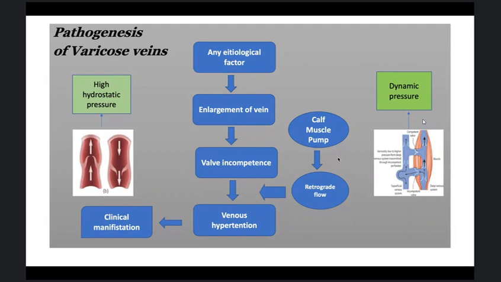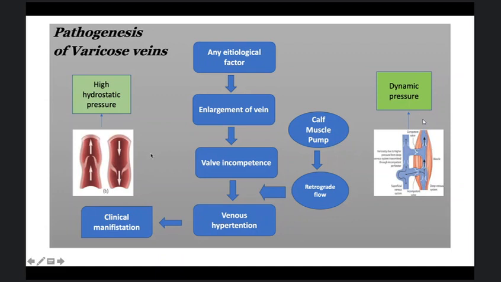This enlargement of the venous segment will cause valvular incompetence, because the leaflets of the valves will abduct, so the vein will enlarge more.